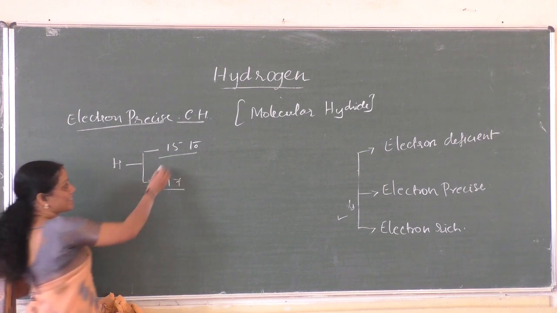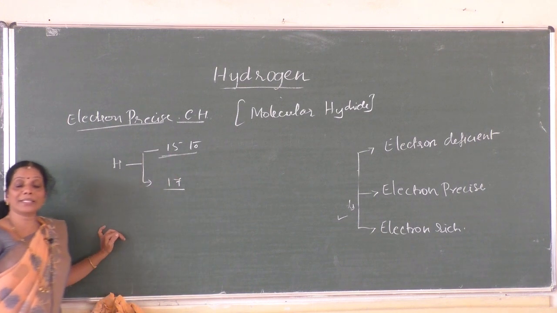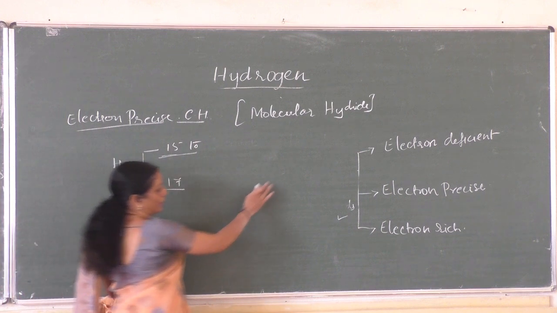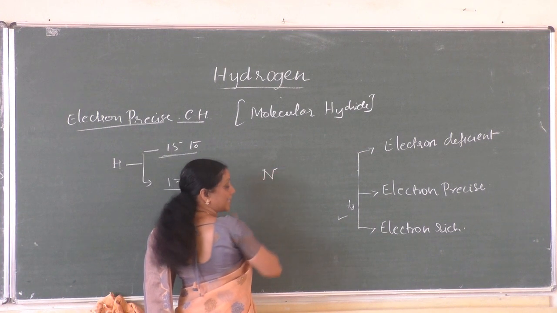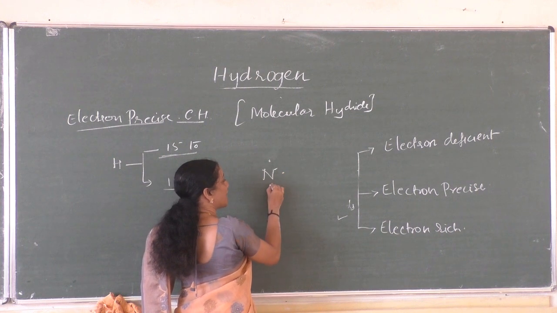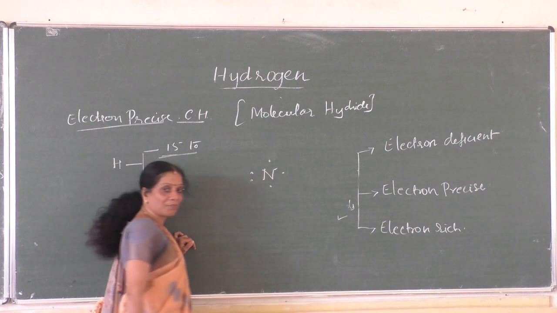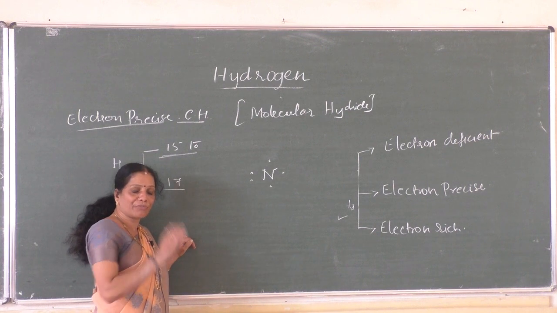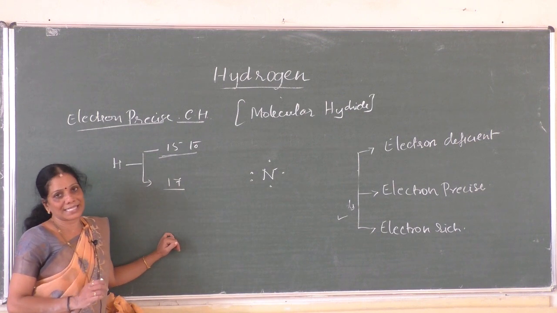Electron rich. I'll start from group 15. Group 15 means it is the nitrogen family. First element of group 15 I'll consider, that is nitrogen. Understood? You know the total number of valence electrons present in nitrogen, that is 5 electrons. Isn't it? Group 15 elements always have 5 valence electrons.